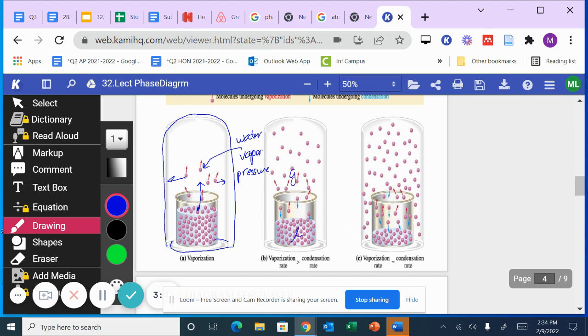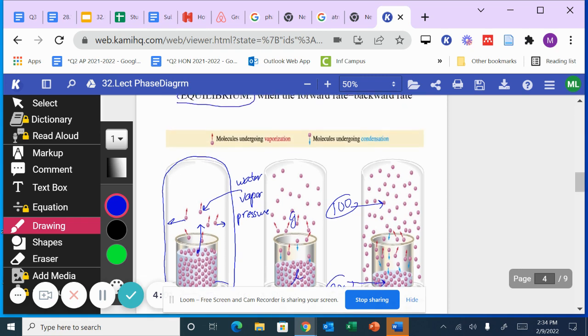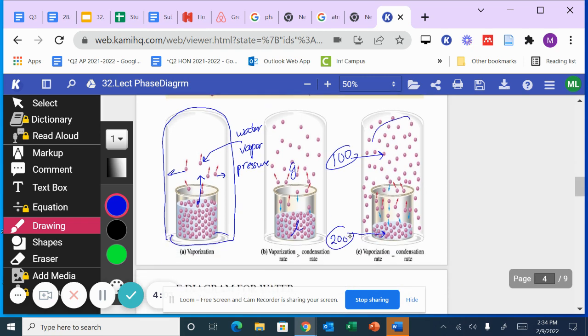Okay, at a certain time, if there's 100 of these in the vapor phase, and let's say 200 here, and you wait 1,000,000 years and it's still 100 and still 200, you have reached a state of equilibrium where the vapor pressure is no longer changing because the amount of molecules in the gas phase is no longer changing.